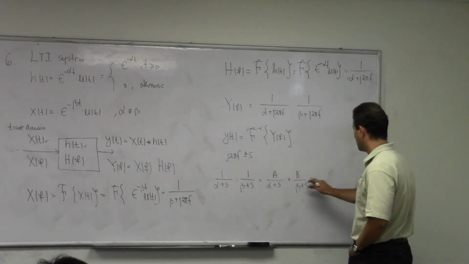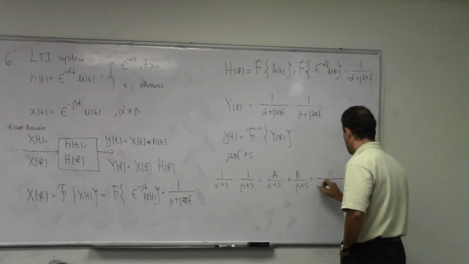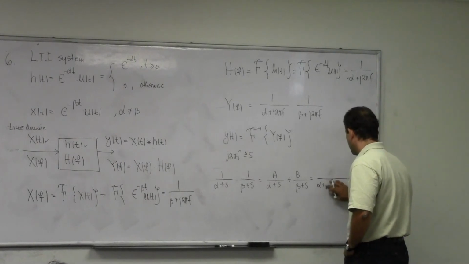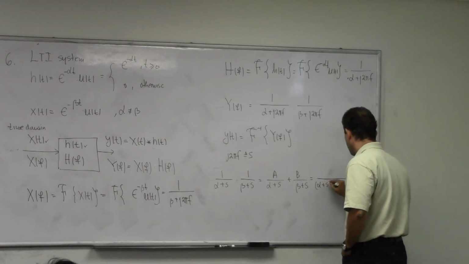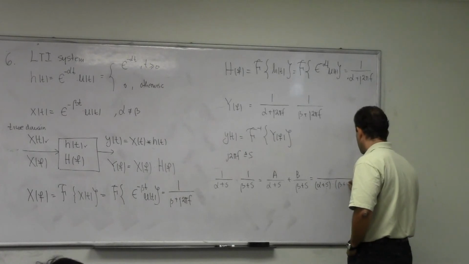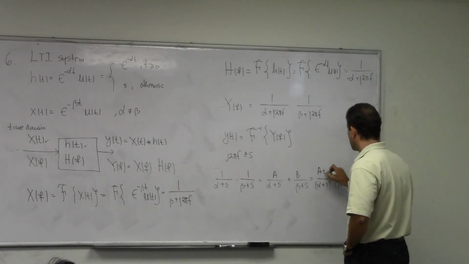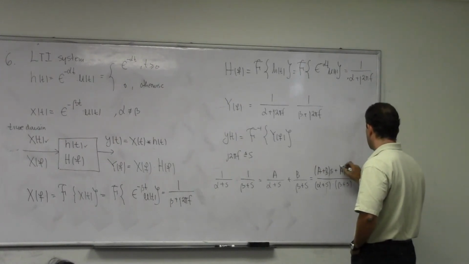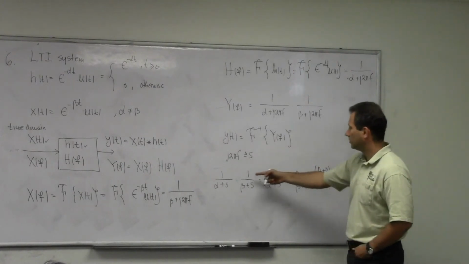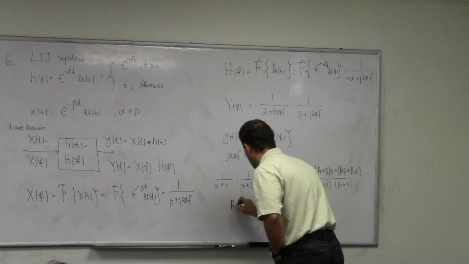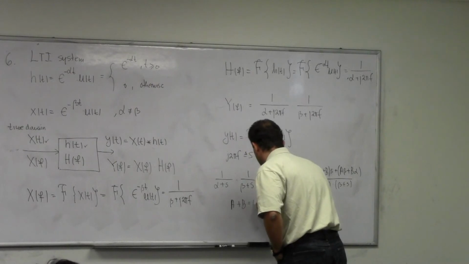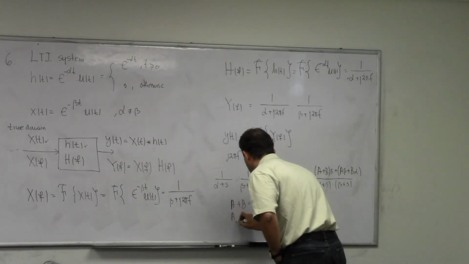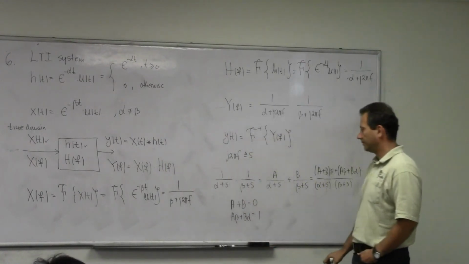When you sum these together, this becomes alpha plus s times beta plus s in the denominator, and in the numerator (A plus B) times s plus A beta plus B alpha. And this needs to be equal to this. So from here I get that A plus B is equal to 0, and A beta plus B alpha is equal to 1.